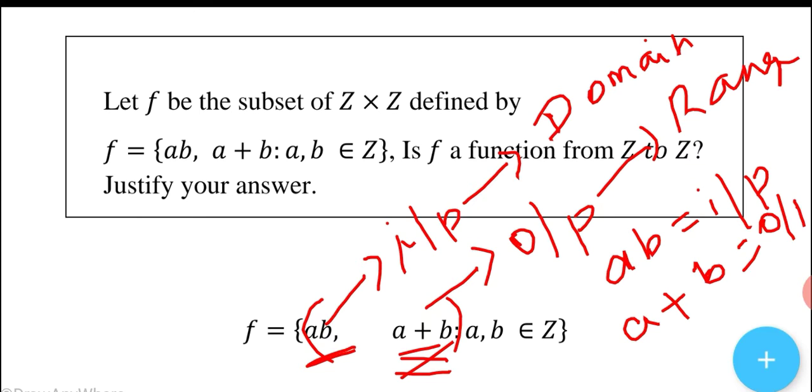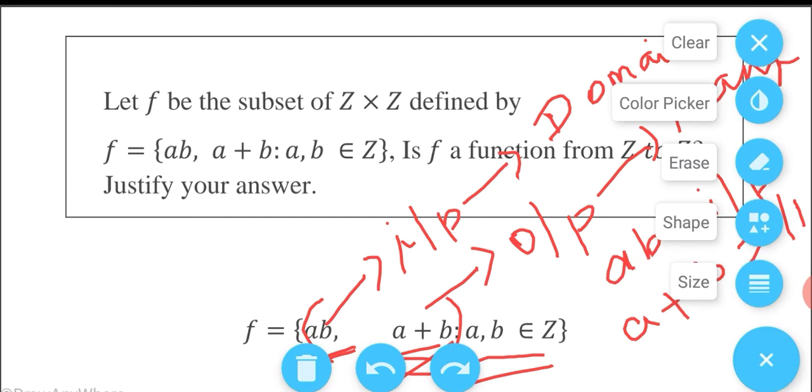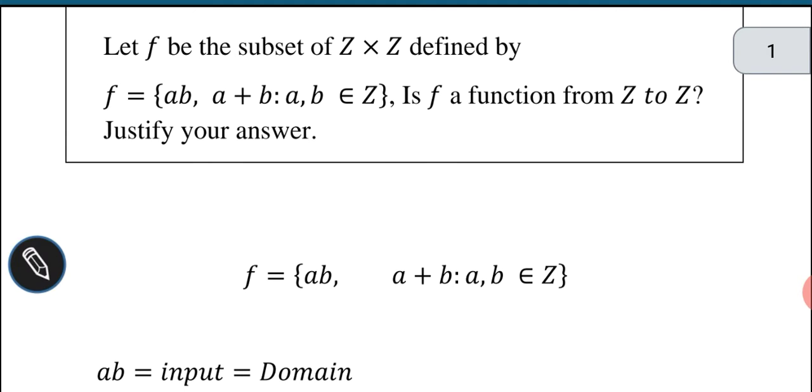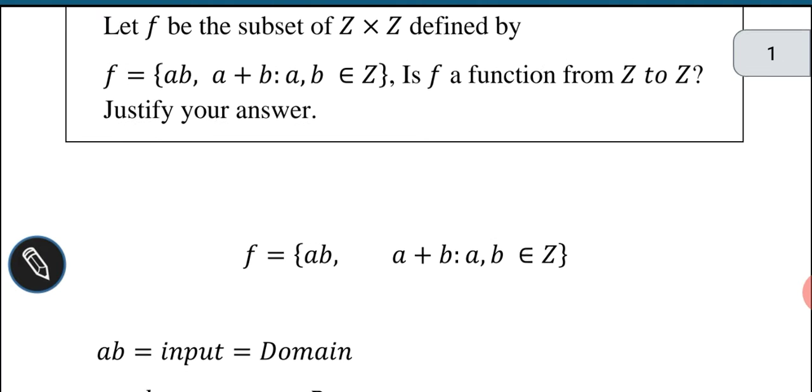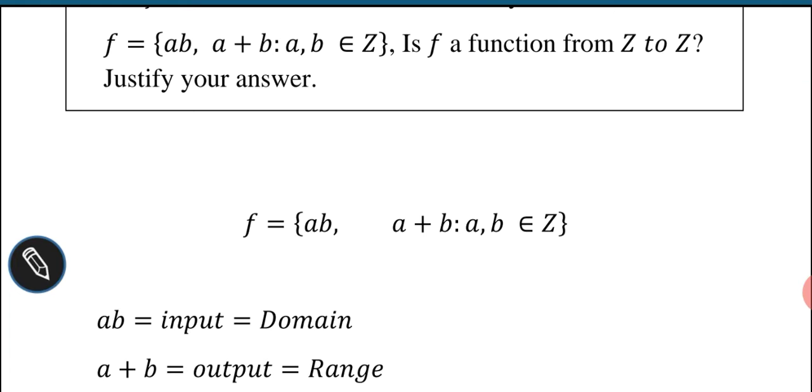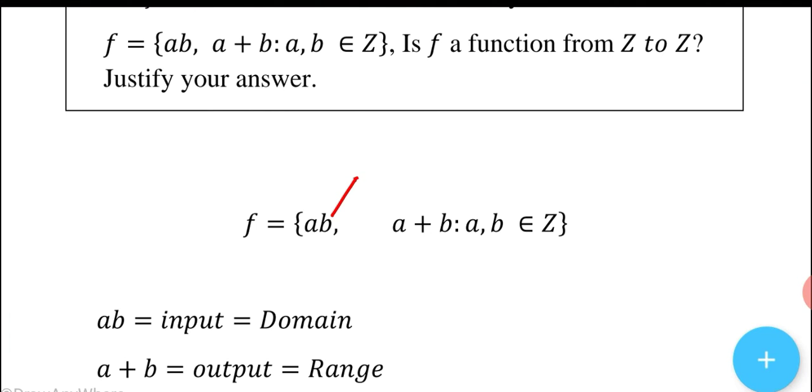Also a, b are integers, belonging to Z. So ab equal to input, which is equal to domain. a plus b is the output. This is the first element, so it is input. This is the second element, so it is output. Output is also called range.